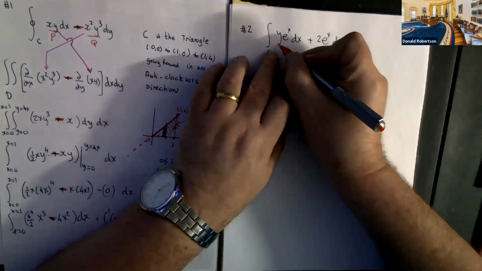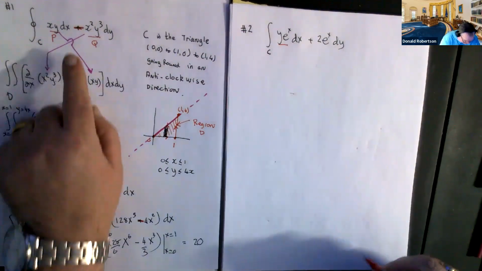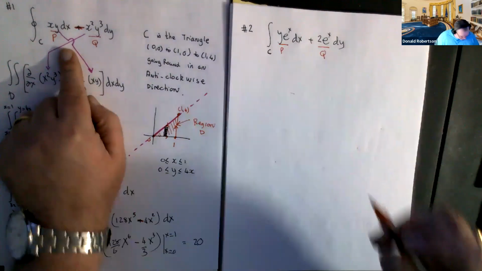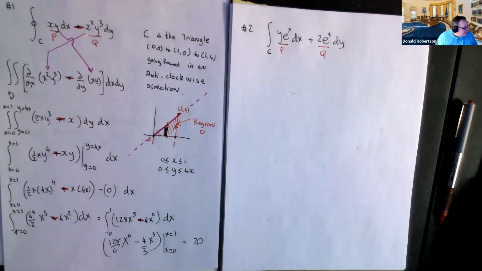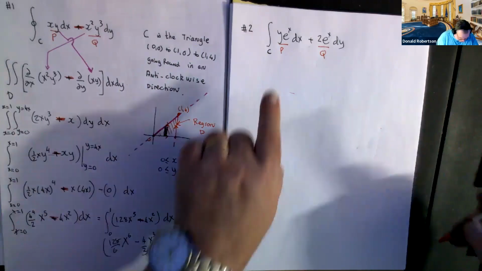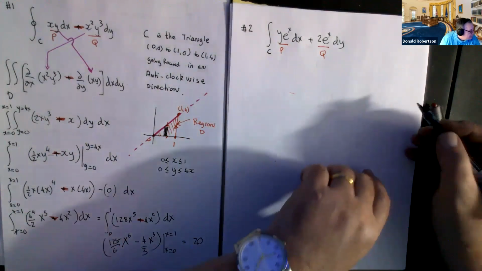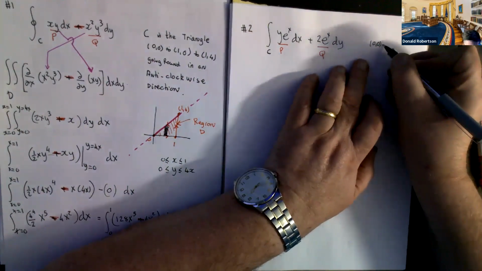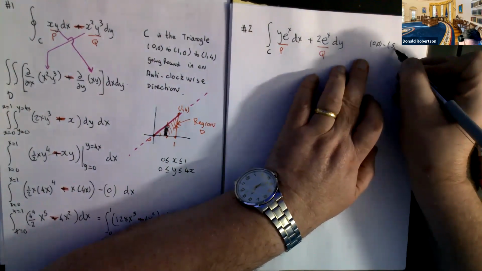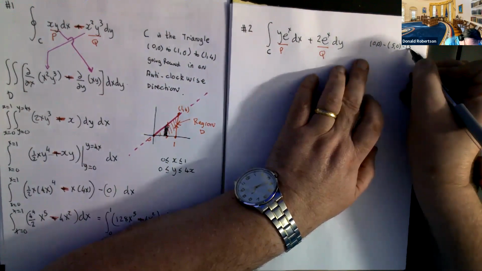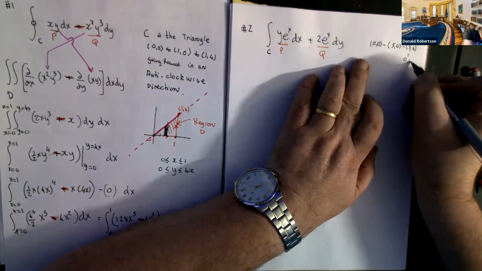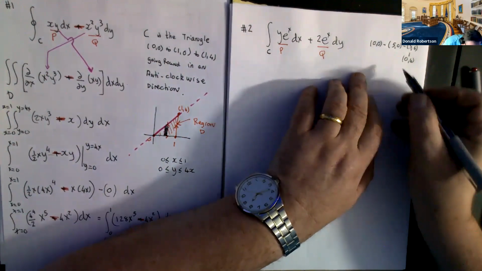So that makes this guy p, makes this guy q. And the region that we are going to do this, region C, is going to be a rectangle, and it's 0, 0 to 5, 0 to 5, 6 to back to 0, 6, right? And then back home after that.